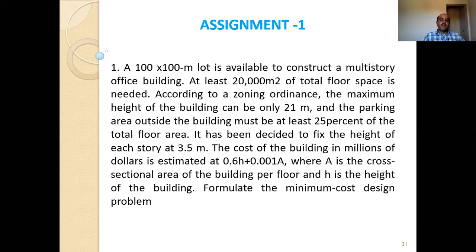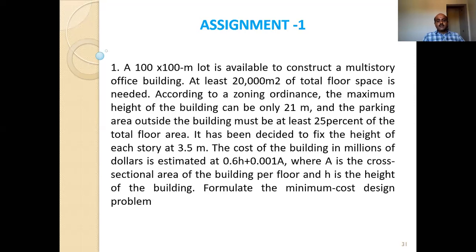The cost of the building in millions of dollars is estimated at 0.6 h plus 0.001 times A. So I'll repeat once again: 0.6 times h plus 0.001 times A, where capital A is the cross-sectional area of the building per floor and h is the height of the building.